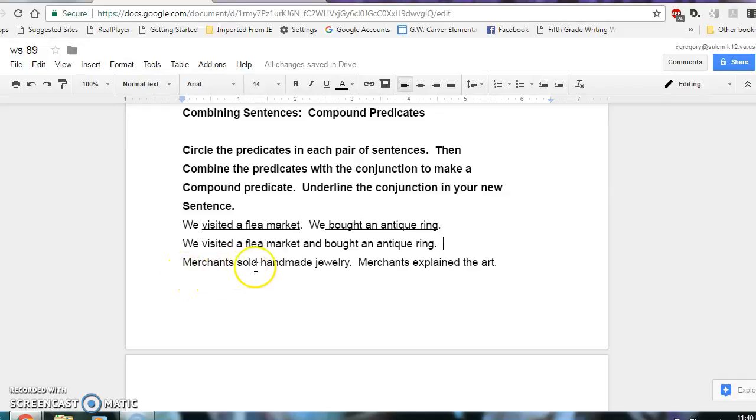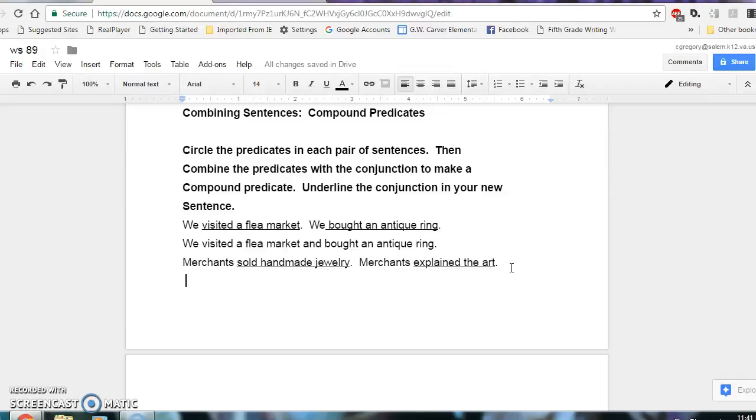Merchants sold handmade jewelry. Merchants explained the art. Same subject, merchants, but they did 2 different things. They sold the jewelry and they explained the art. So we can combine them.